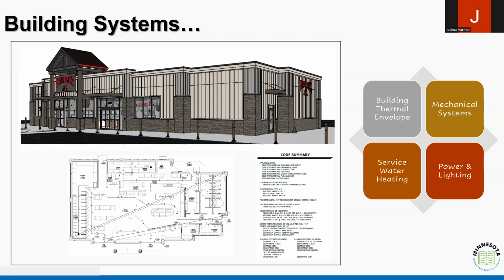The energy code looks at the building thermal envelope, mechanical systems, service water heating systems, and power and lighting controls. Within those concepts, it's looking to make sure we have some basic expectations for how they're going to effectively work together to build an efficient building.